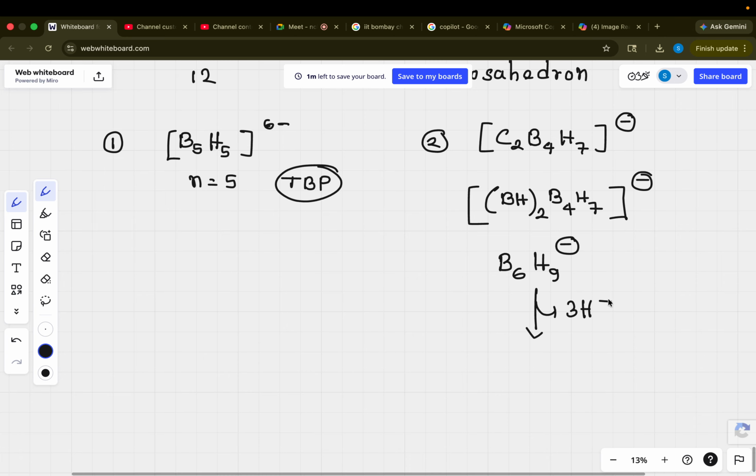Then only you will get your n value, because this value you have to make it similar, right? So B6H6, and already you have a negative charge. If it releases 3 protons, ultimately it is becoming 4 minus. So n value is becoming 6. When n value is becoming 6, that means it is your what? Octahedral.